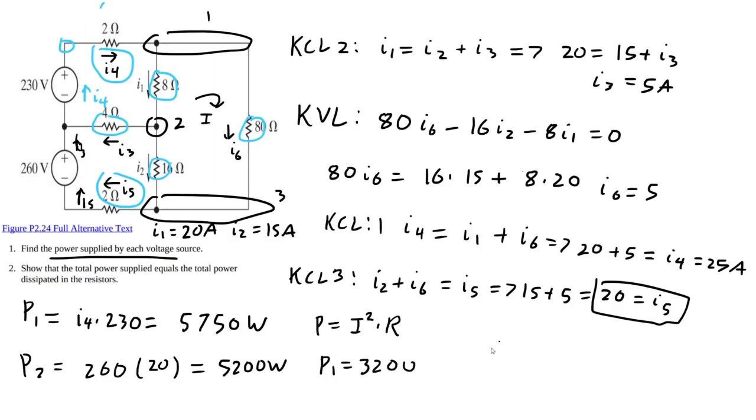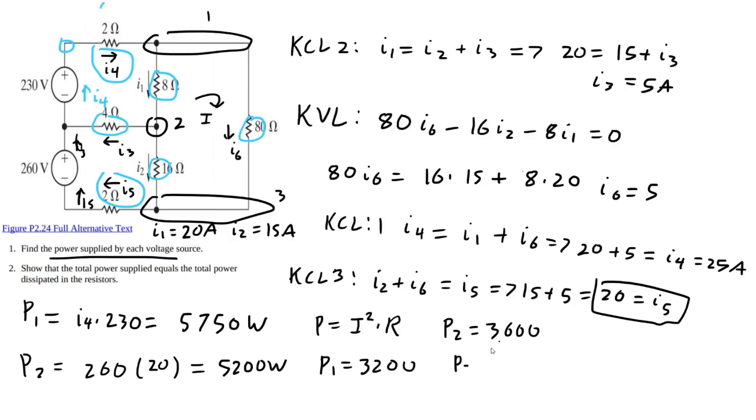And just do this same process for I2. I2 is 15, so 225 times 16, 3600. And then, let's see, what do I call I3?